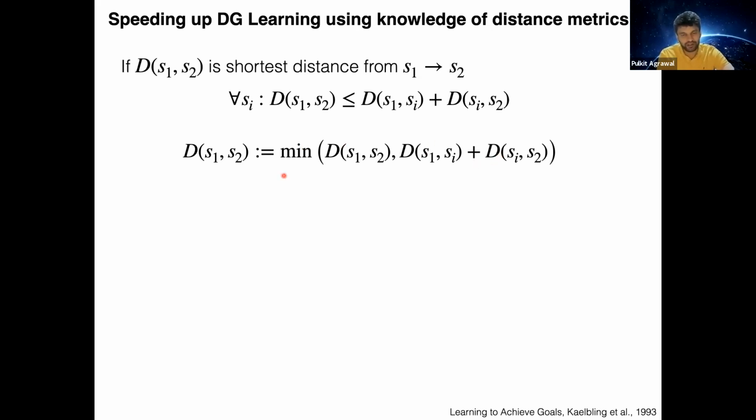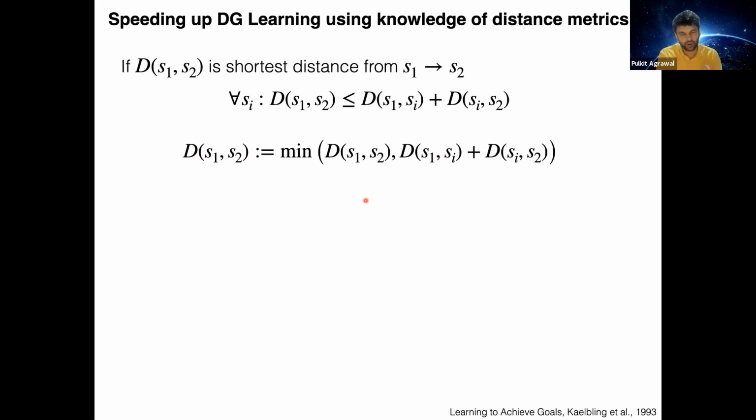So I can take the minimum of my current estimate of how far away S2 is from S1, and the sum of the estimates D(S1, Si) and D(Si, S2), and maybe I'll get a more realistic value of this distance function. Does this make sense? Why we might do this operation?